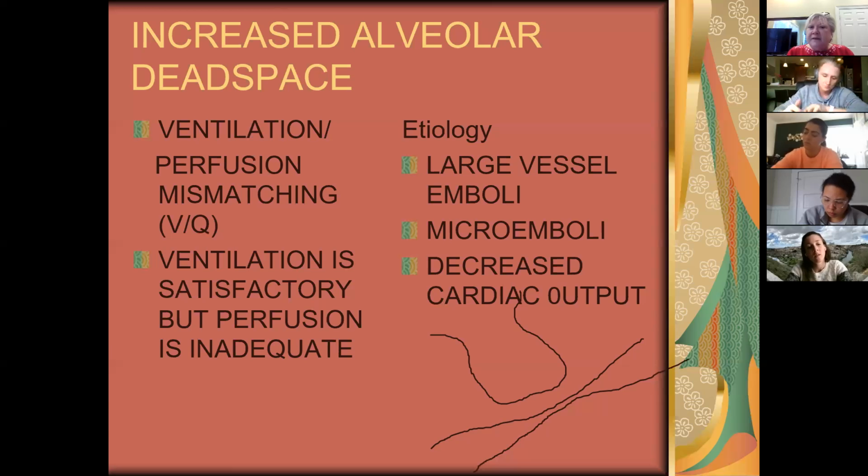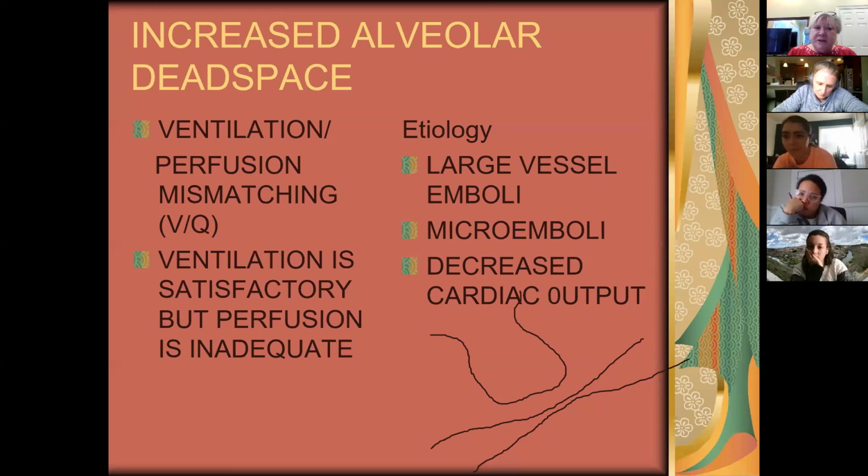So there's something in there. And what we typically see this in is a PE or microemboli. With a PE, your alveoli is fine. It's the blood vessel that is affected.